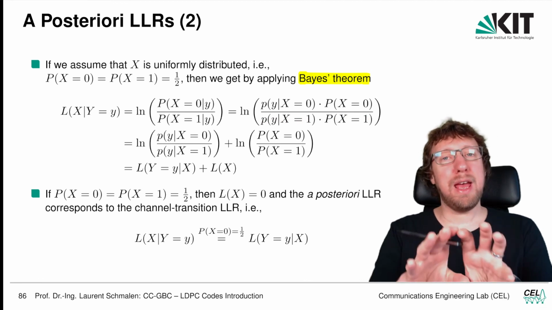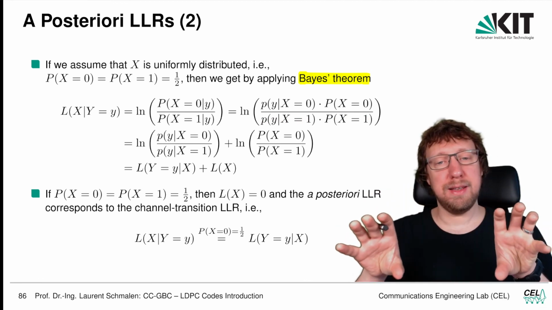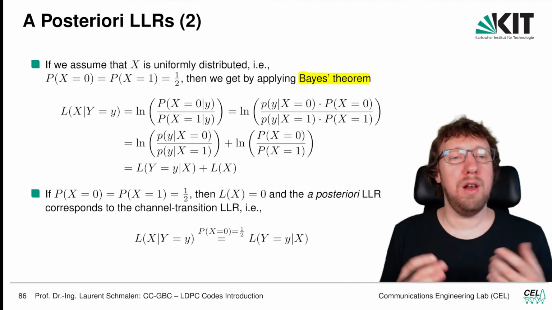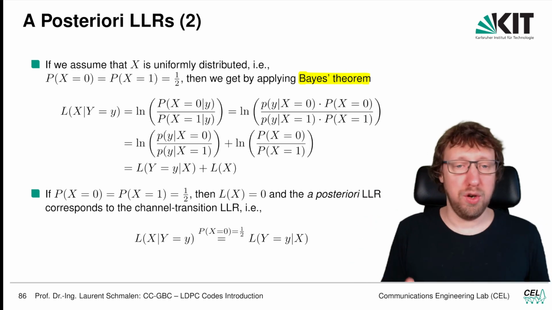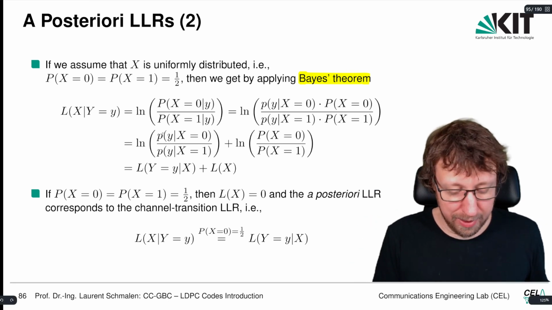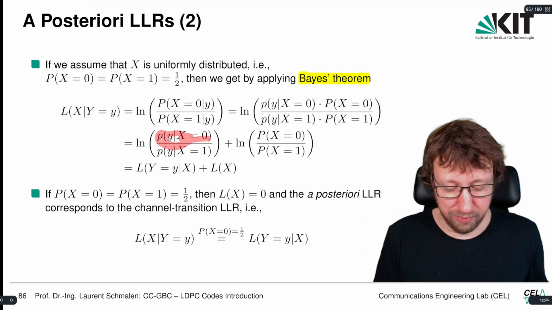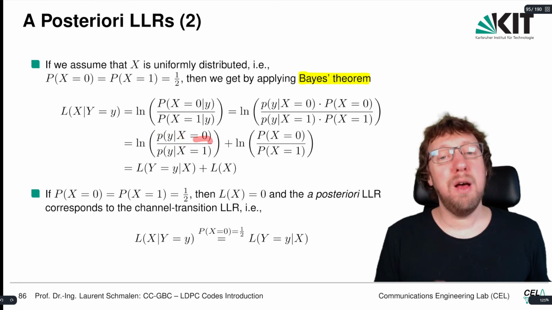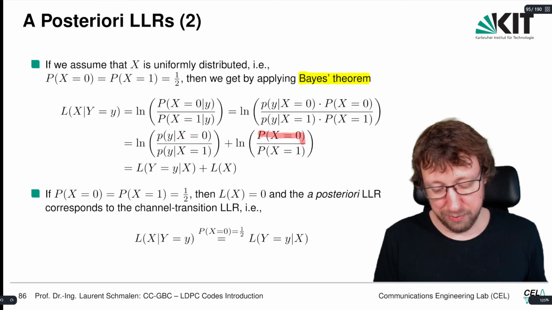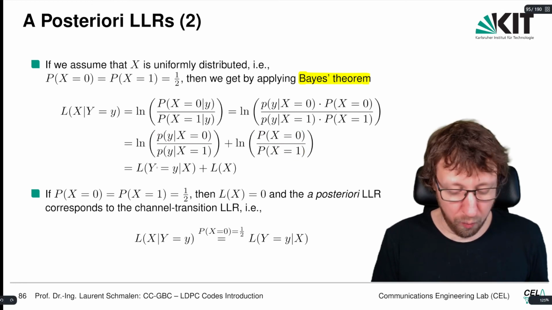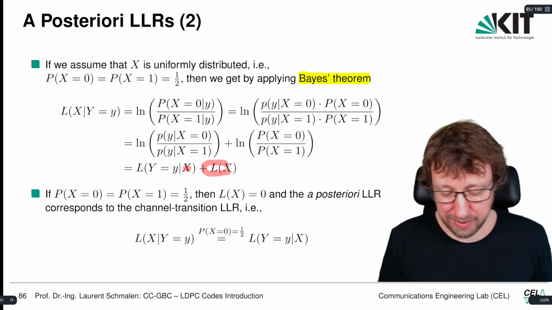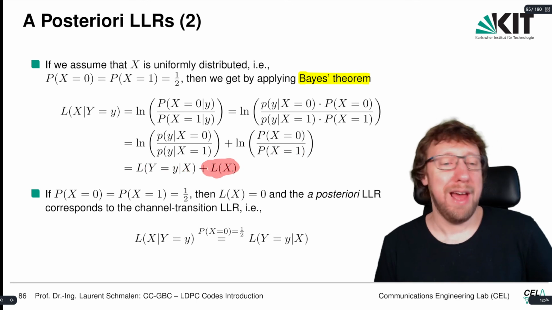And now again, we can split these two terms because of the log rules. So the logarithm of a multiplication becomes the addition of logarithms. So this is ln of p of y given x equals 0 divided by p of y given x equals 1, plus ln of p of x equals 0 divided by p of x equals 1. So this is the log likelihood ratio of y given x plus the log likelihood ratio of x.